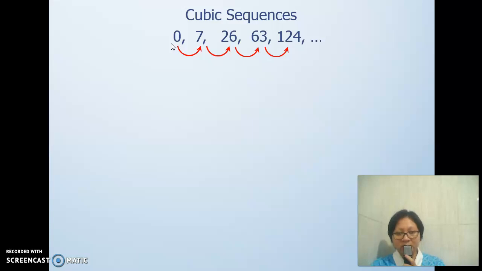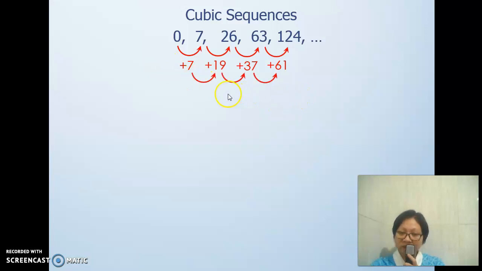If the sequence has no common difference or common ratio, find the difference. 0 to become 7 is 7. 7 to become 26, add 19, like that, and so on. And then again, find the second difference now. Still there is no common difference. Find again the third difference. Now you have a common difference, which is 6.